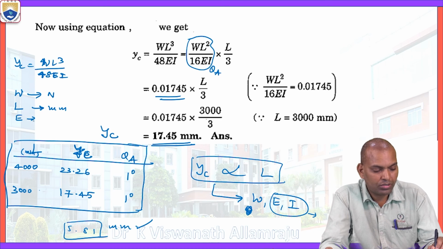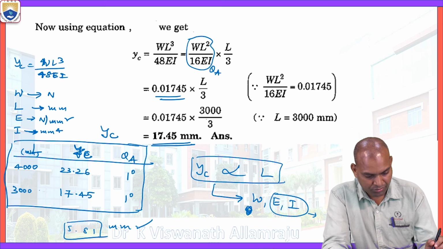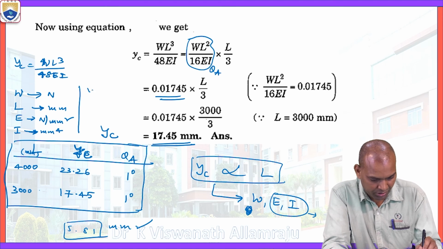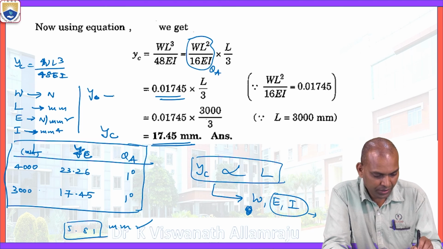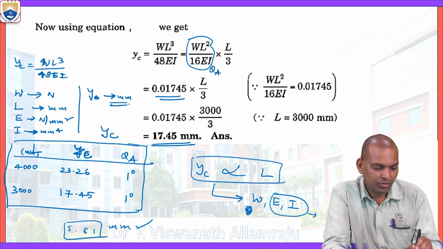E is the modulus of elasticity or Young's modulus, in Newton per square millimeter, and I is the area moment of inertia of the section of the beam, in millimeter to the power 4. If you substitute all these values, the deflection of the beam will be obtained in millimeters.